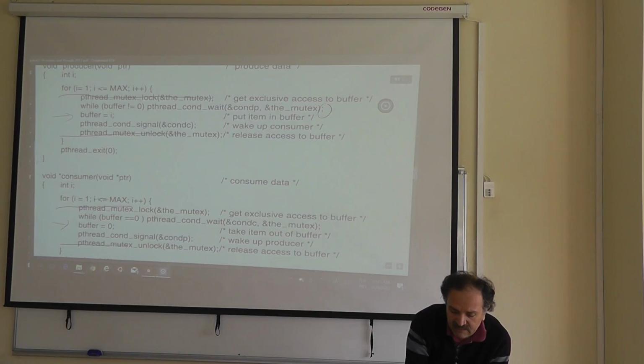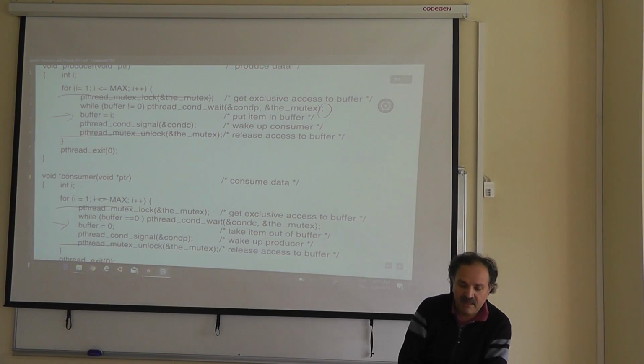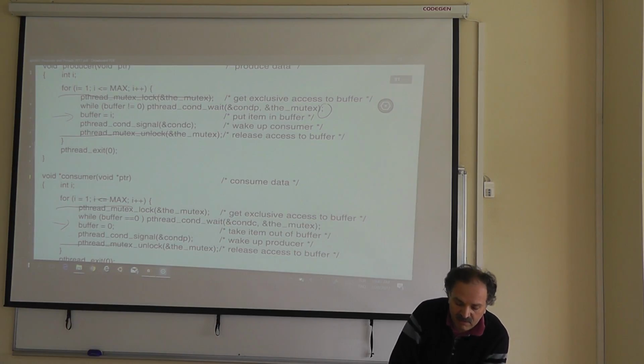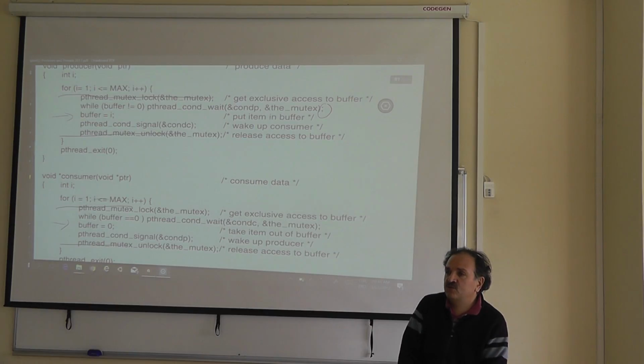If I had a context switch before this line is executing, and I see the buffer as 0, both of them will be at the same line. One of them will make the buffer 1, the other one will make the buffer 0. So both of them are executing inside the same critical region. While one of them is writing a useful number to the buffer, the other one is trying to write 0 to it. So they are trying to use the buffer at the same time, which should not happen.